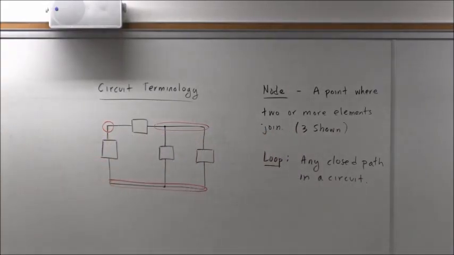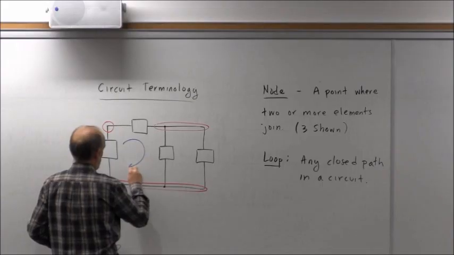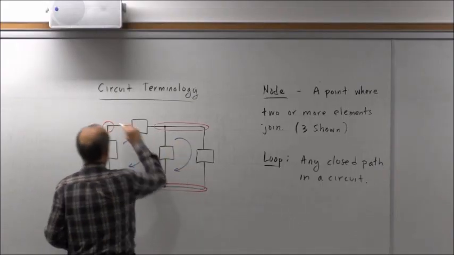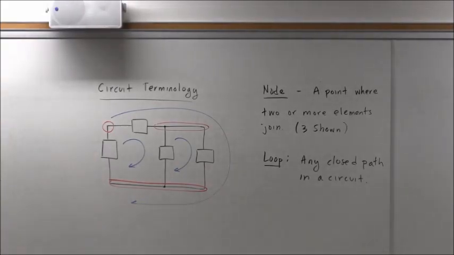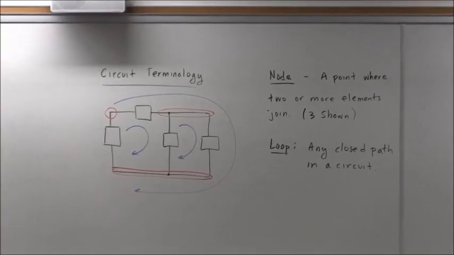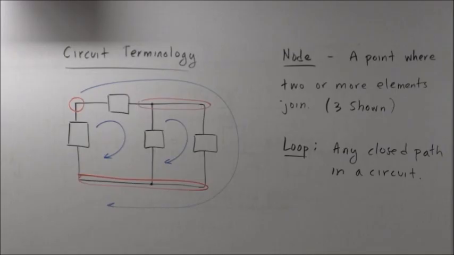So how many loops do you see in this circuit? Yep, so 3 is correct. So we've got loop there, loop there. So again, any closed path, as long as where you start, you return to, that designates a loop.